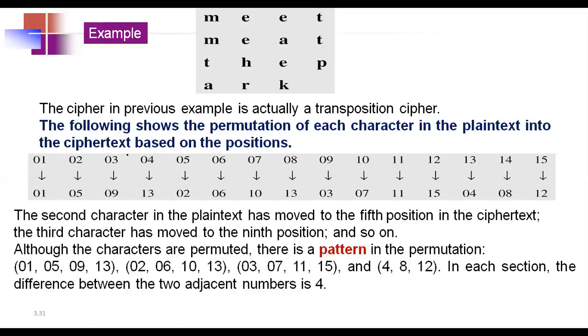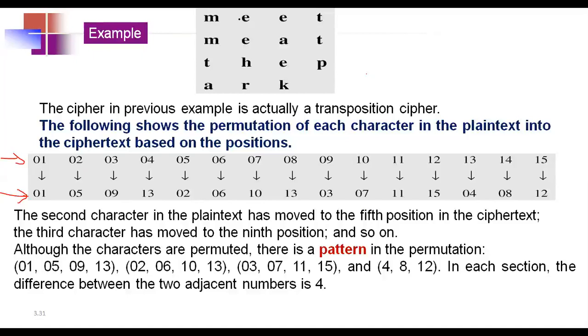The following shows the permutation of each character in the plain text into the ciphertext based on the positions. So this is the table which shows the position of each and every character from plain text to ciphertext.